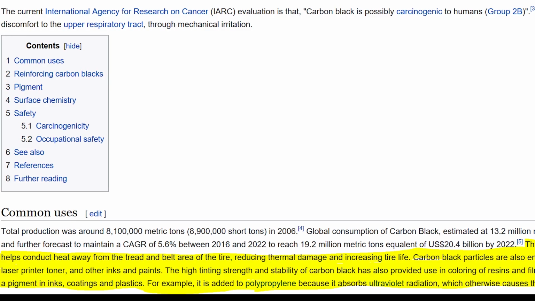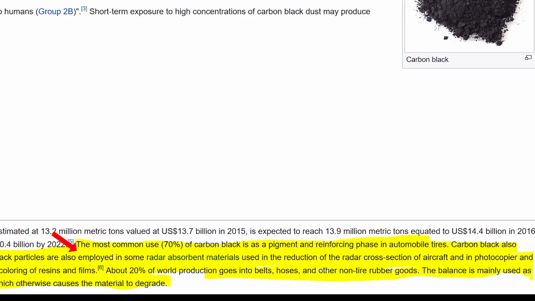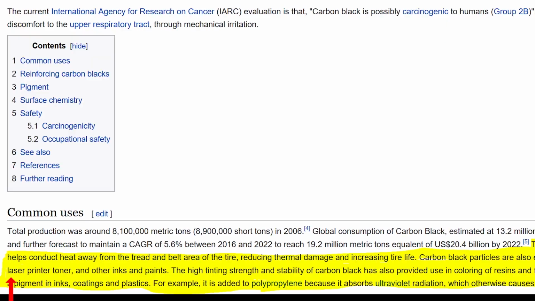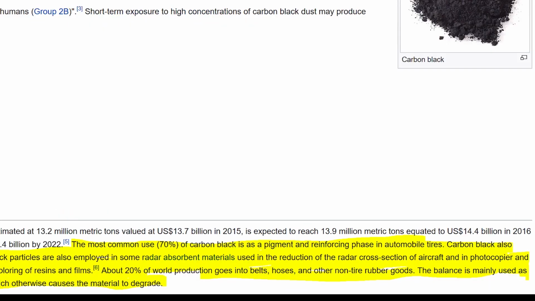Carbon black particles are also employed in some radar absorbent materials used in the reduction of the radar cross section of aircraft and in photocopier and laser print toner and other inks and paints. The high tinting strength and stability of carbon black has also provided use in coloring of resins and films.